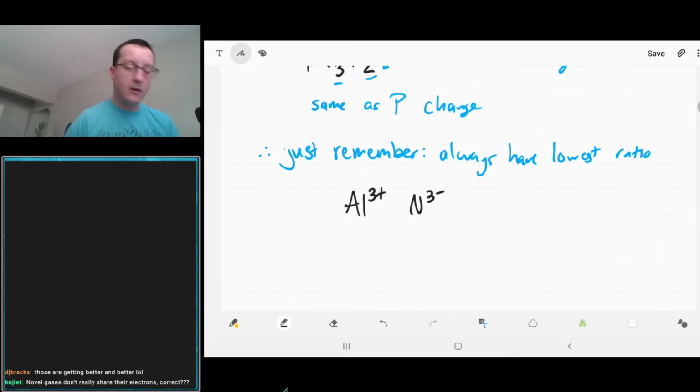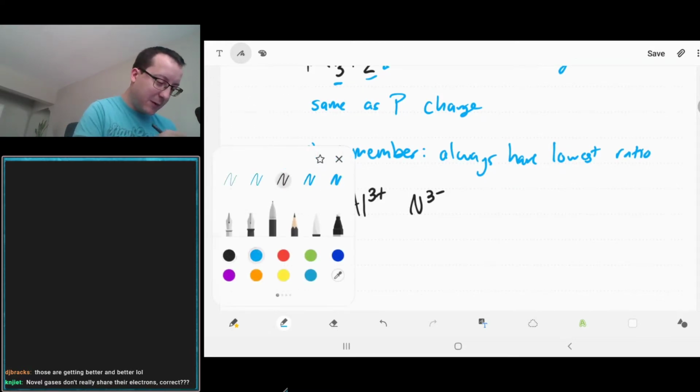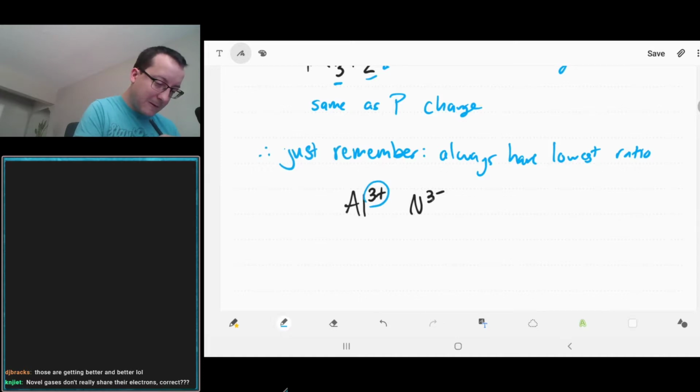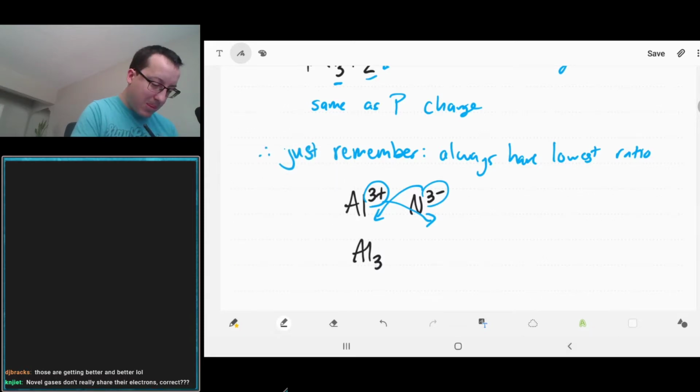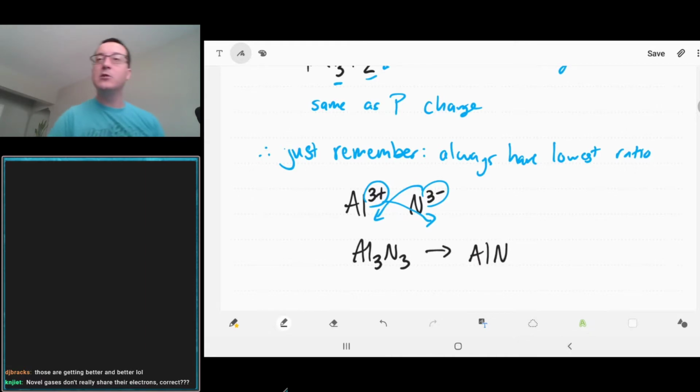Aluminum and nitrogen. Technically, yes, we can do this. We could bring them down. But we need to remember that we still have to have the smallest ratio, so we should reduce it to AlN instead.